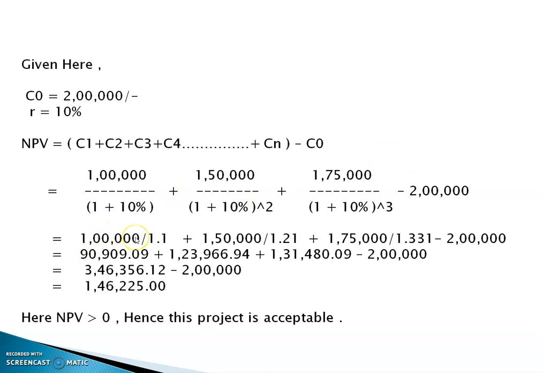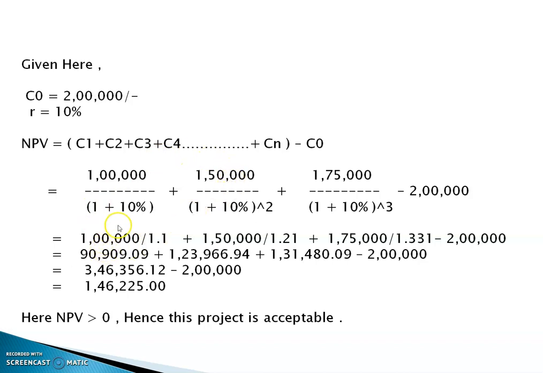By putting all respective values in their respective fields, we get NPV is equal to 1,46,225.12. Here 0.12 is missing, do not worry about that. So we get NPV is equal to 1,46,225.